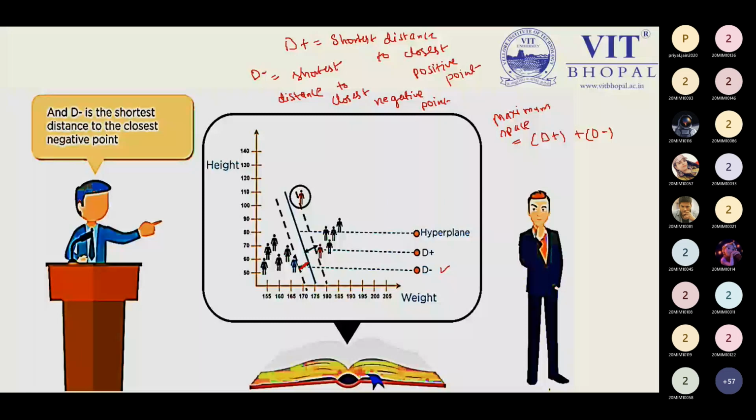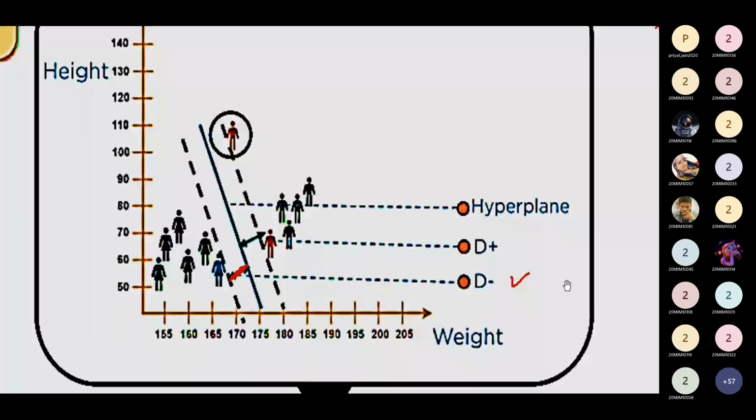You can see I have already underlined and highlighted some points. Let me zoom in first, then it will be clear to everyone. Now, you can see what the D plus and the D negative are.